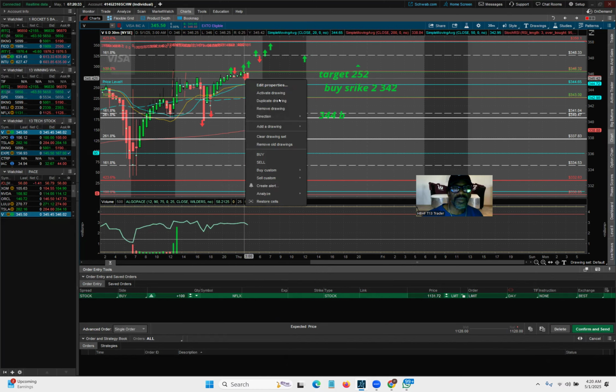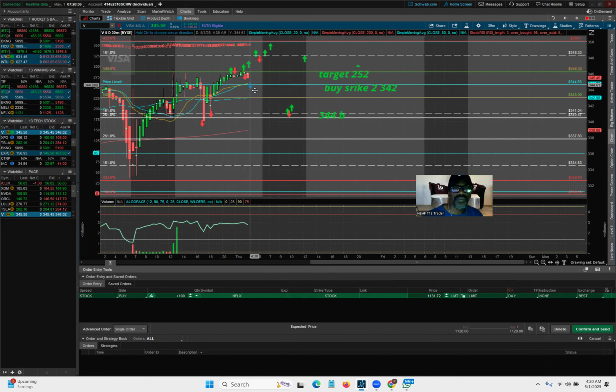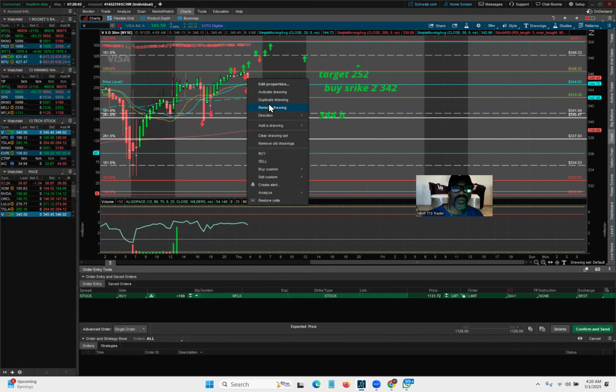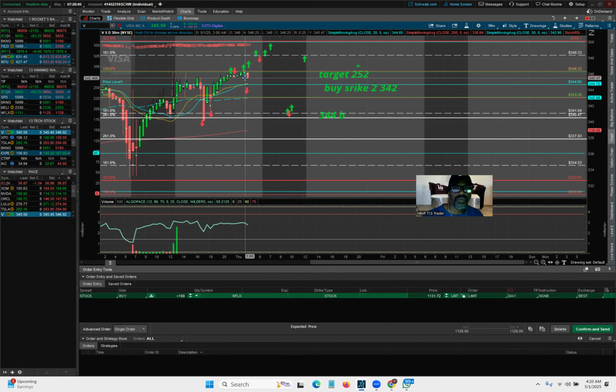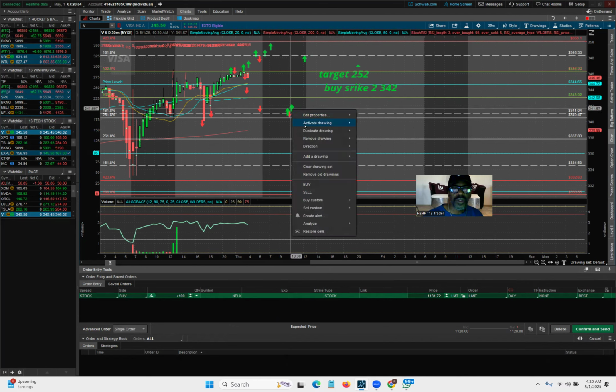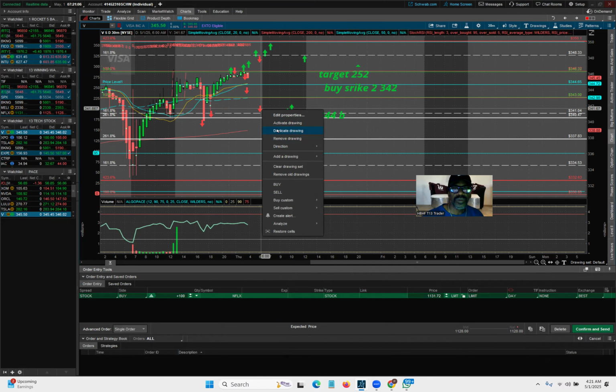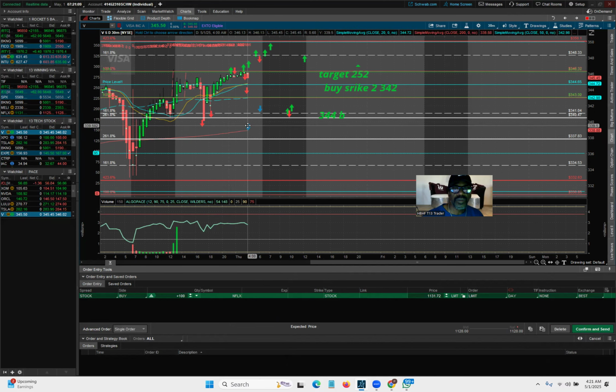Off of this support, off of this support, and I'm only doing this because this is the area where it can hold support and create a higher low off of this, if it decides to come down and retest.